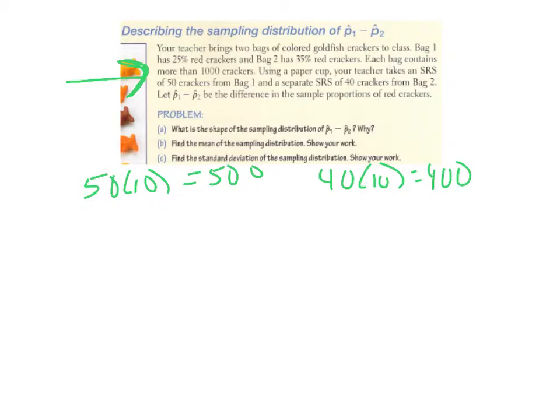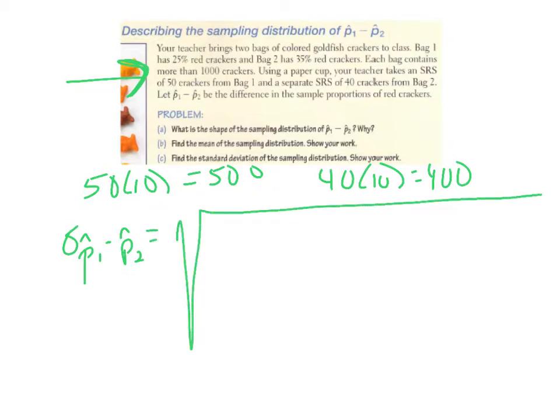So I can then calculate my standard deviation of p hat 1 minus p hat 2, and that's going to be equal to, all right, let's see if we can make this not super messy. That's going to be equal to my p1, which is 0.25, times 1 minus p1, which is 0.75, over my sample size of the first one, which was 50.